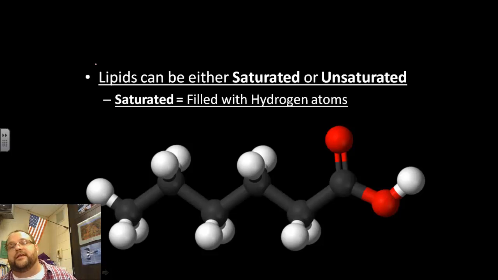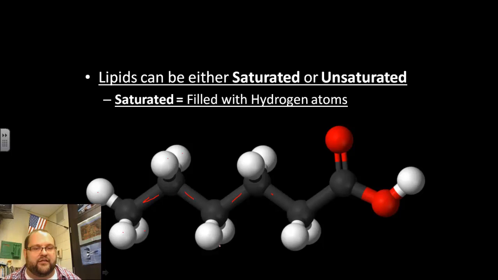Okay, and I want to talk just briefly about saturated versus unsaturated. So here's a saturated lipid, because we notice that every place that we can have a hydrogen, we have them. So we notice that there are 2 hydrogens to every carbon, except for the last one, which has 3.